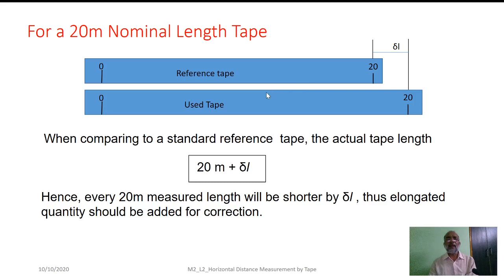So as you see here, the means that we are using is showing a length of 20 meters, but as we compare with our reference, there is a plus delta L increment which needs to be corrected. Here, every 20 meter chain length or tape length that we measure will be shorter by delta L, and hence the quantity that is elongated should be added for correction.